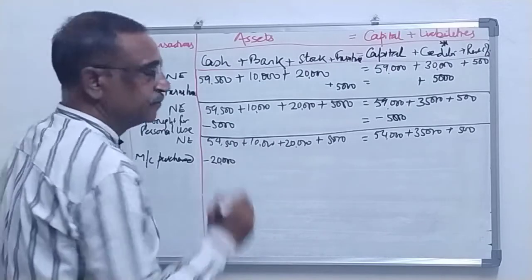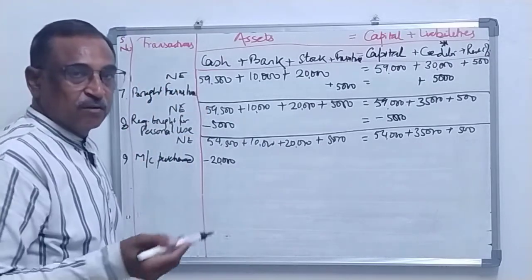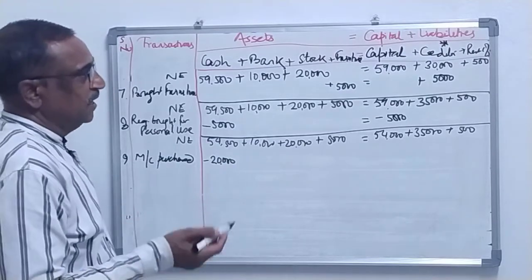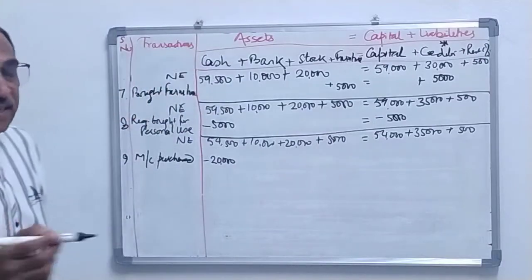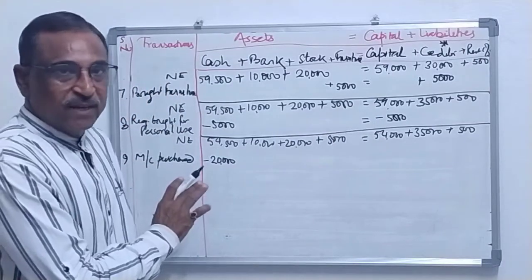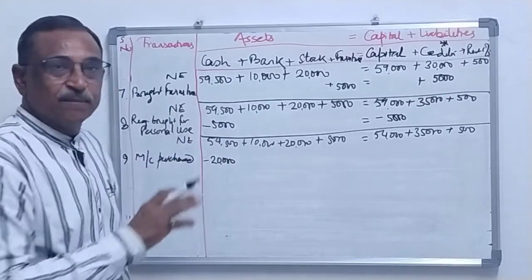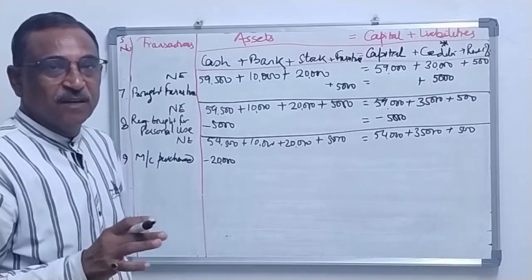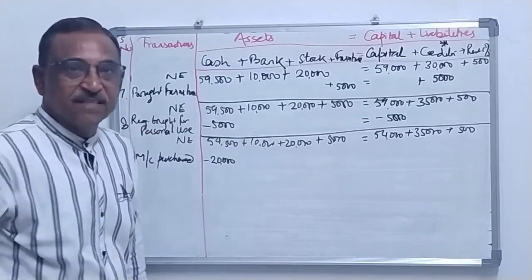Your cash will decrease by 20,000 because you are buying in cash and you are buying a motorcycle, and motorcycle is your asset. Since it has not been mentioned that the motorcycle is being purchased for personal use, it will be deemed to be purchased for business.